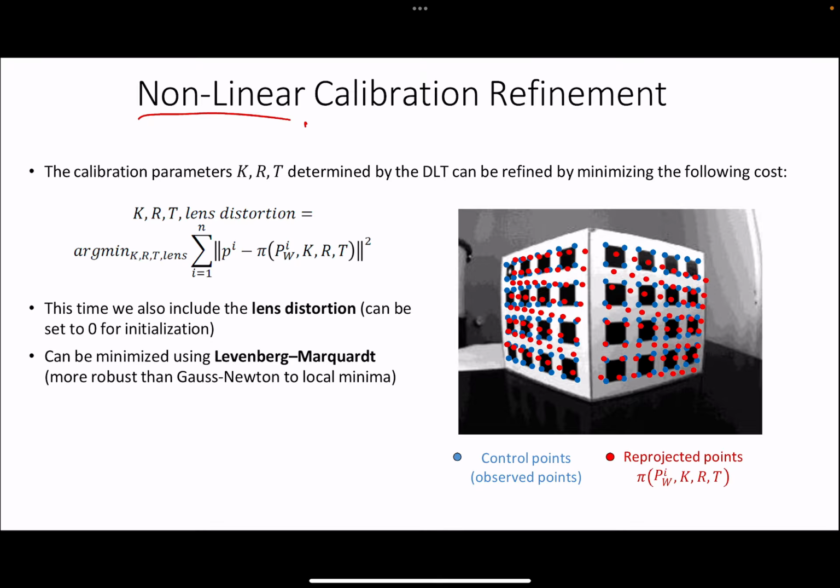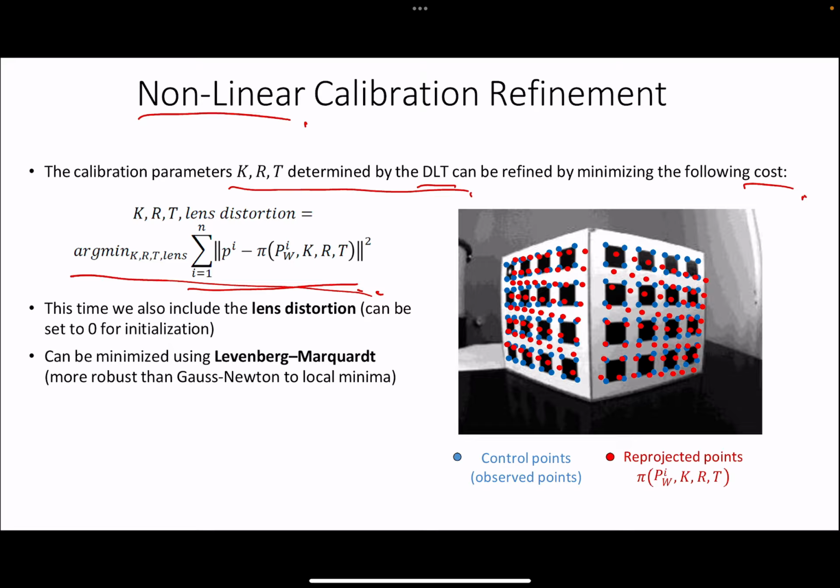So given that we have some reasonable initial calibration result from Zhang's method, we are going to further try nonlinear calibration refinement. As I said, the objective function is minimizing the distance between blue and red points. The calibration parameters K, R, T determined by DLT are the initial camera parameters, and they can be refined by minimizing the following cost or objective function: argmin, where the objective function is minimizing the distance between blue points and red points.